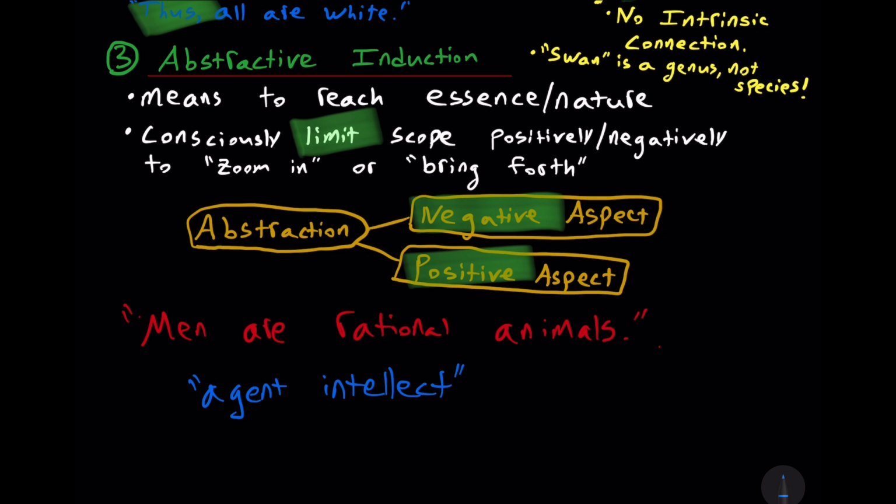Now, like partial enumerative induction, abstractive induction generalizes. Abstractive induction can help set the stage for partial enumerative induction, moreover. For example, by getting us to recognize a particular subject, which then we can predicate with various properties. And abstraction really is the foundation for thinking.